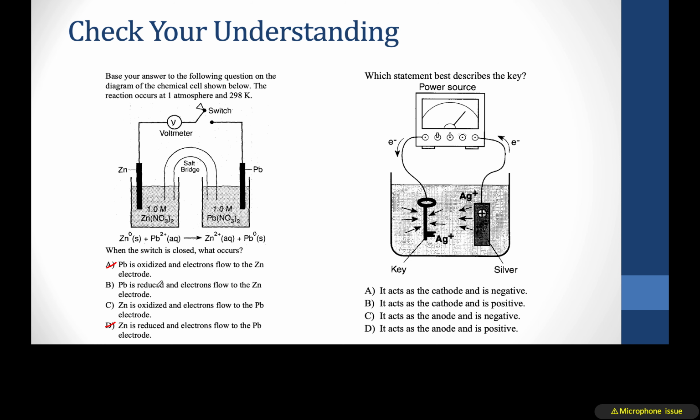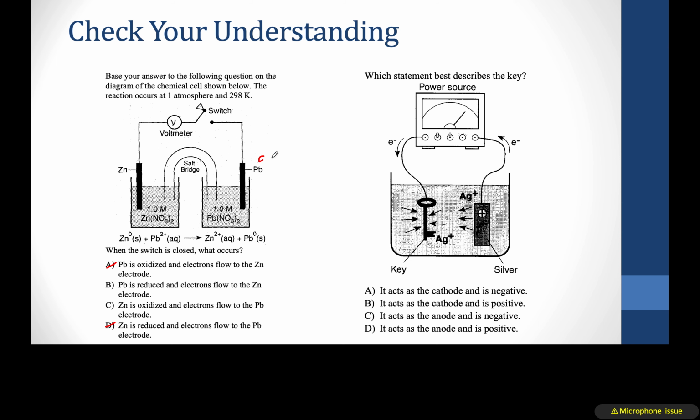Now it's about determining which way the electrons are flowing. Remember, electrons always flow, alphabetical order, from the anode to the cathode. In any cell, remember red cat and anox, reduction is at the cathode. So this must be the cathode, because lead gets reduced.